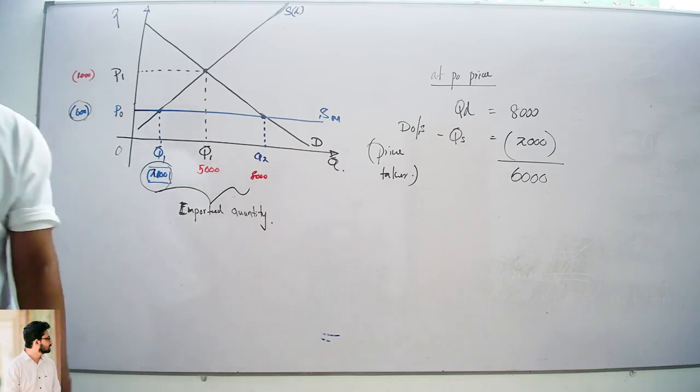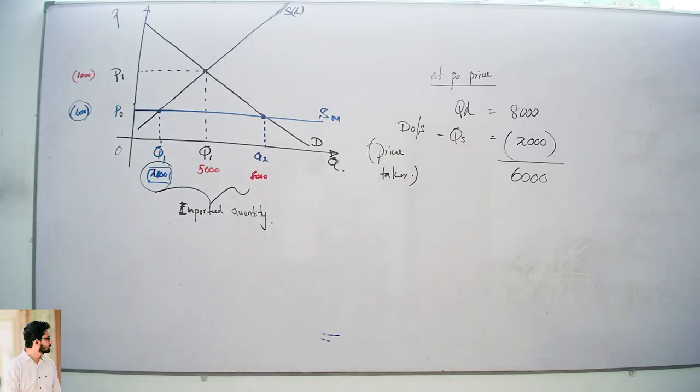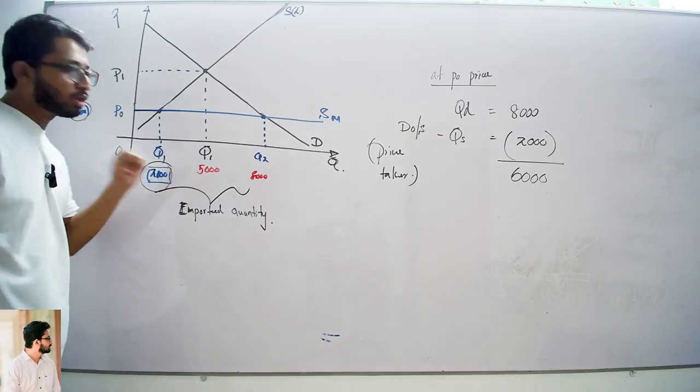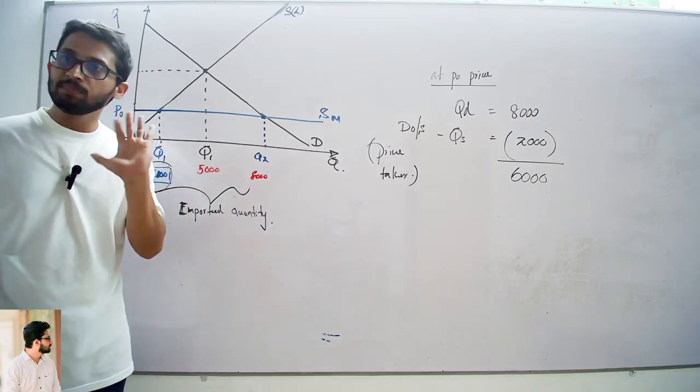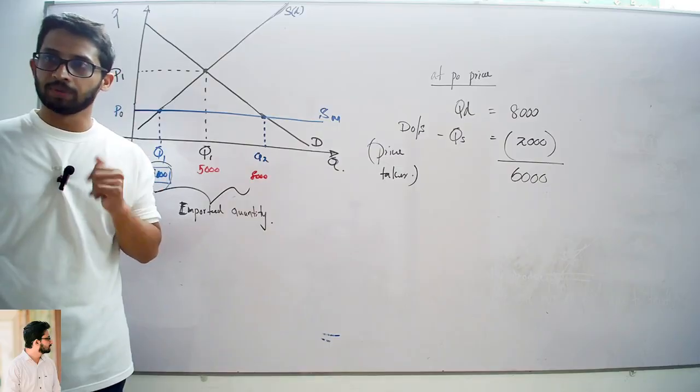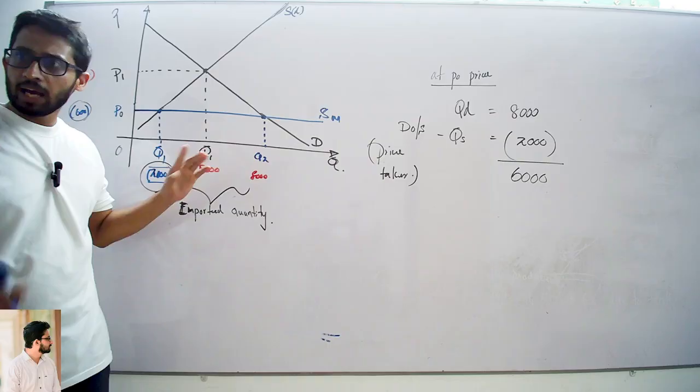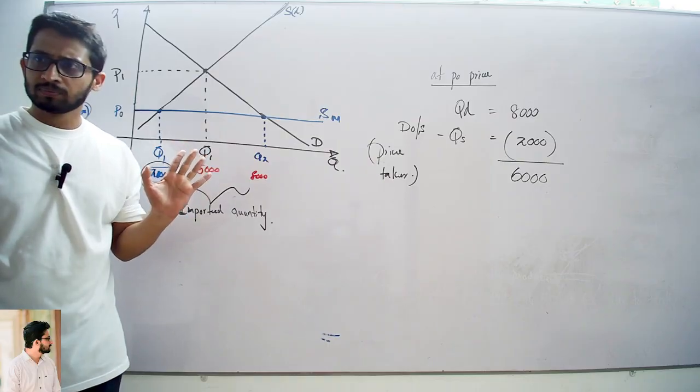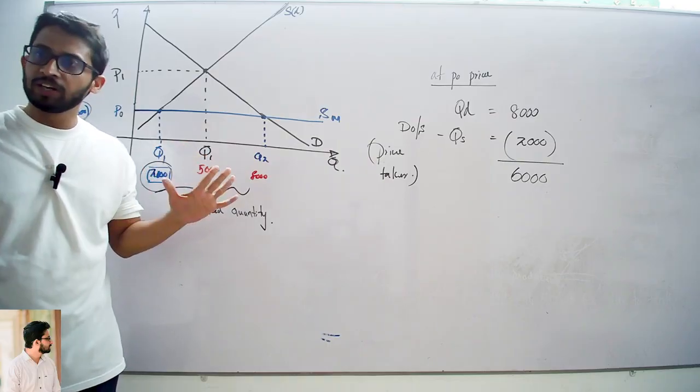Right. Then, Buddha, the government wants to increase domestic production and decrease import quantity. I'll repeat. Here there is no tariff, only free trade.